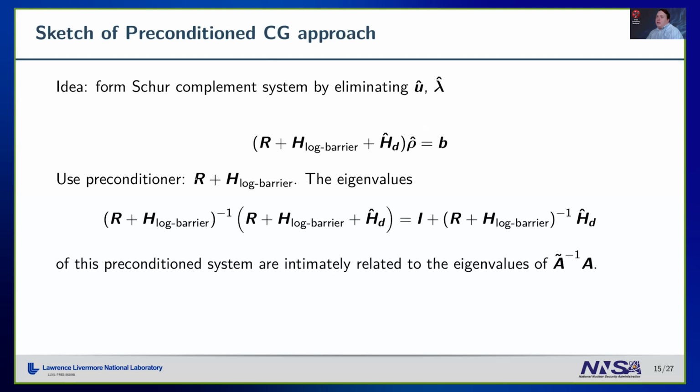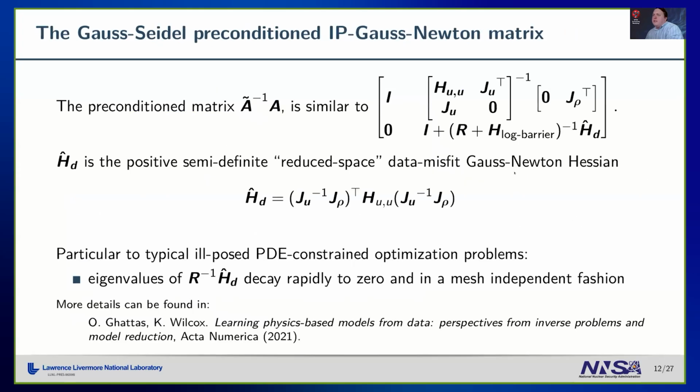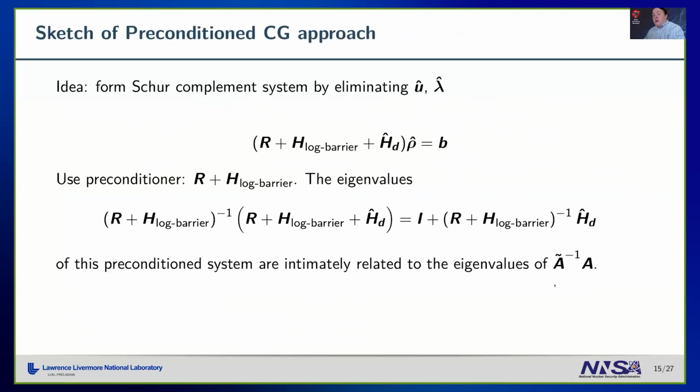Then we could use a regularization and log barrier Hessian as the preconditioner, and the resulting preconditioned system here is actually identical to that of this 2-2 block that we looked at earlier. And we know the eigenvalues of that object as well.